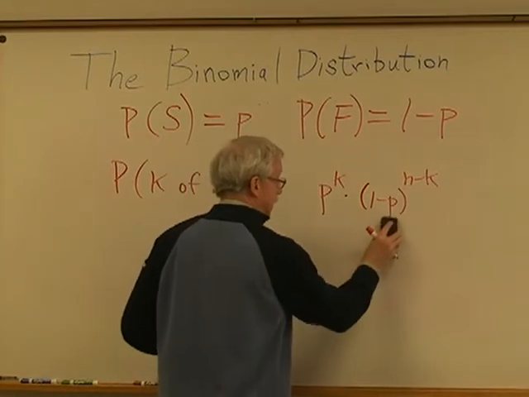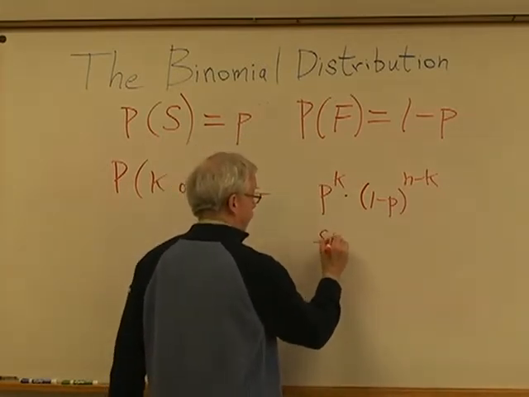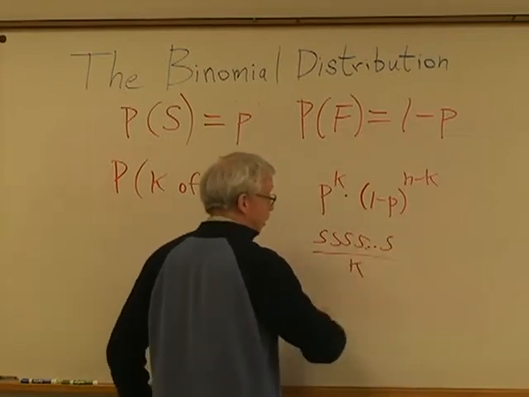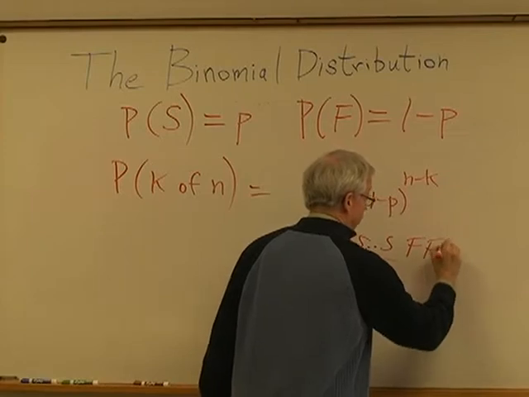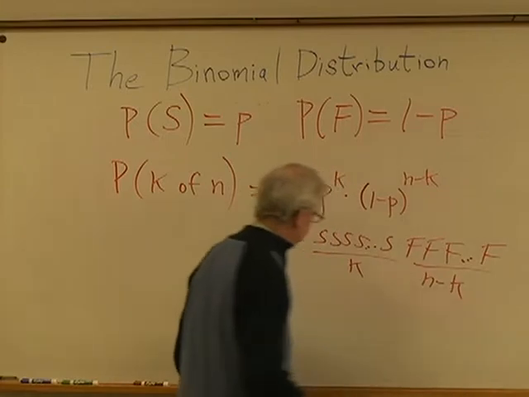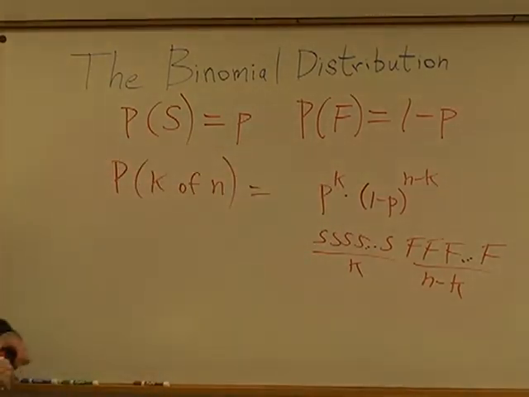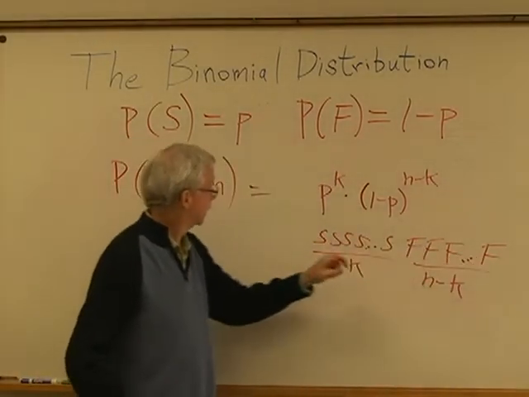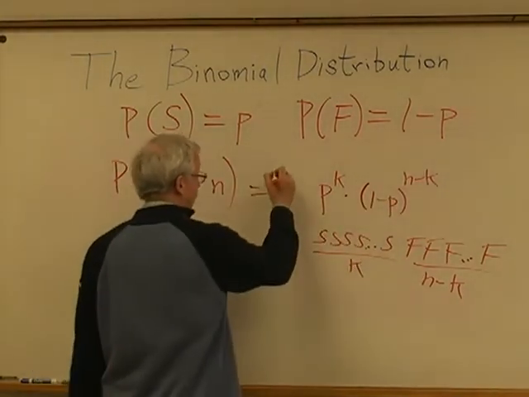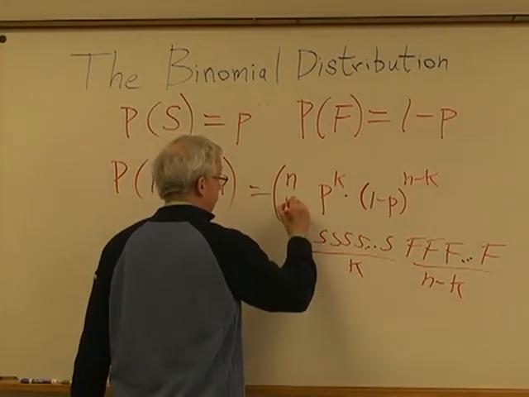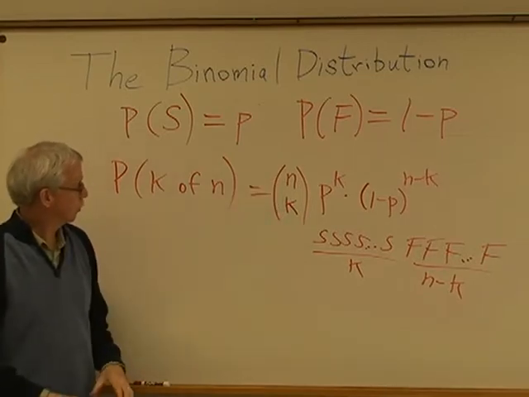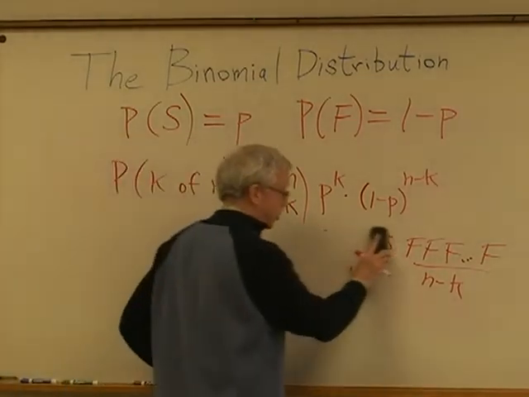So this will let me calculate the probability of success, success, success, success, success, where there's exactly k of these, and then fail, fail, fail, fail, where there's exactly n minus k of these. But we also have to take into account that this isn't the only way to get k successes in n trials. How many different ways are there? Well, there's n choose k ways, or in other words, nCr k ways of that happening. So this is my binomial formula.